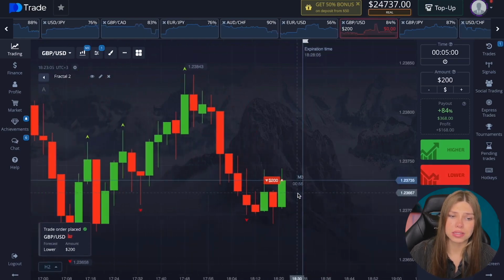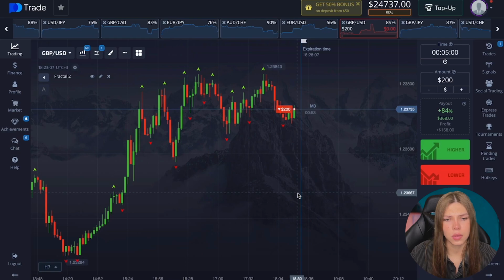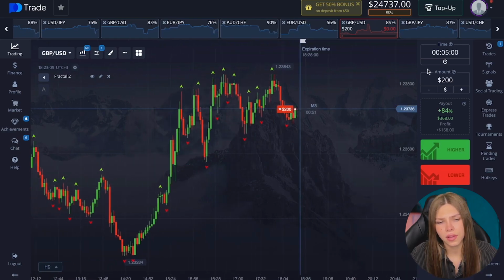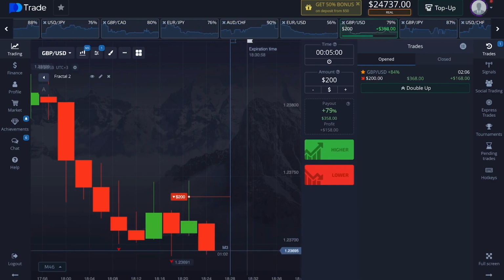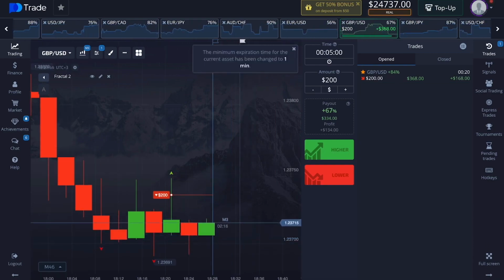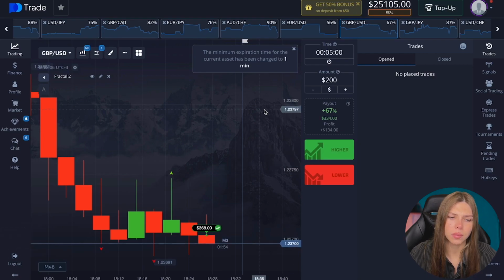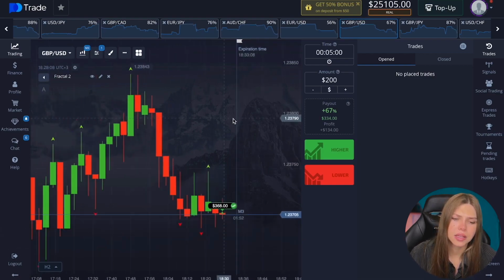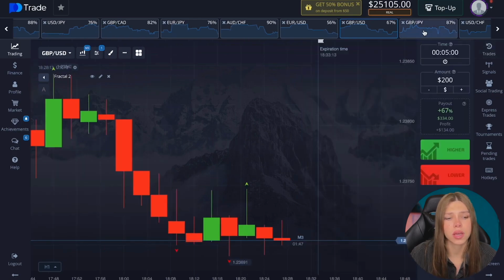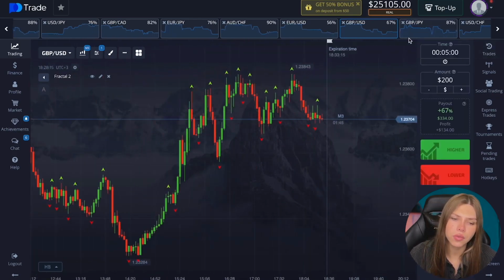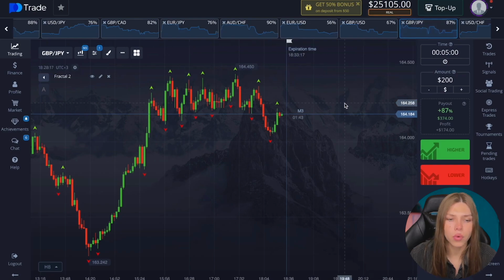Here we will put on a decline, as the indicator says. We have opened a deal for another 5 minutes. So here we have a plus, but overall it's still in the minus: we lost $200 and earned 168. So we will look for another currency pair and hope for the best.